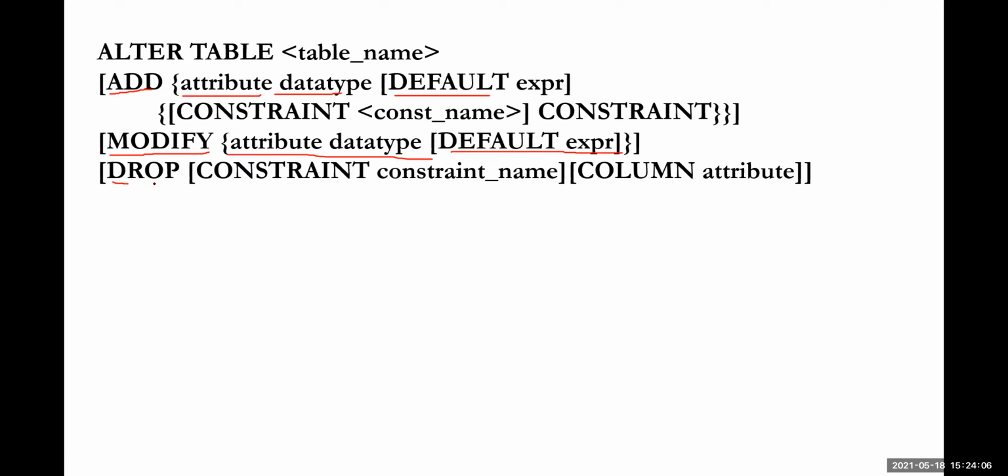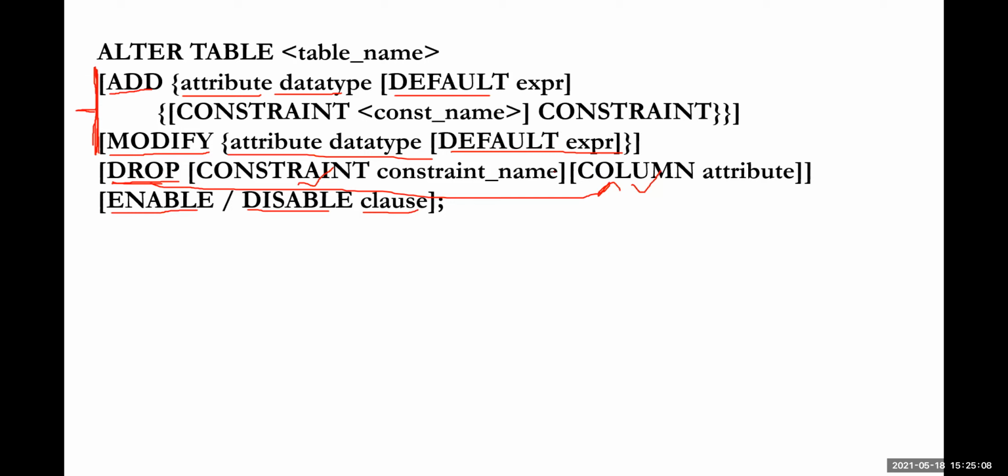However, we would like to concentrate on only these two right now, because we don't know what a constraint is, or what enabling or disabling is. So we concentrate on these two, and also on dropping using the column name. Let me create one column and drop another column.